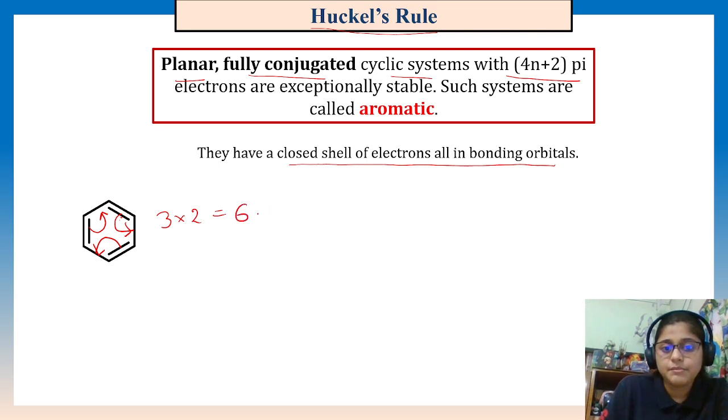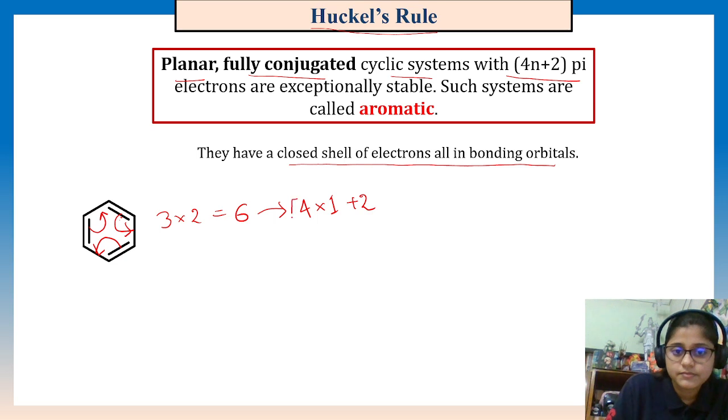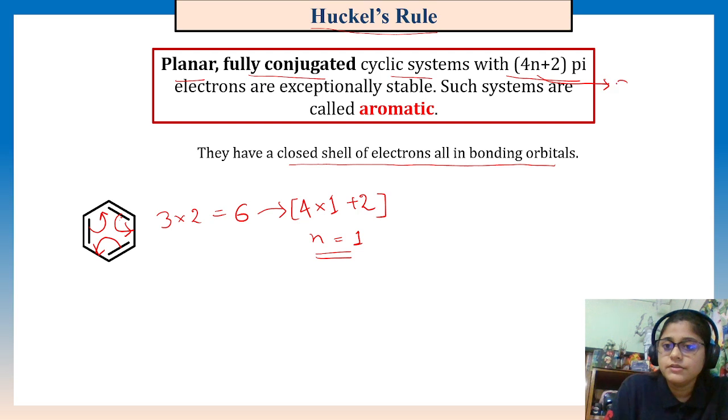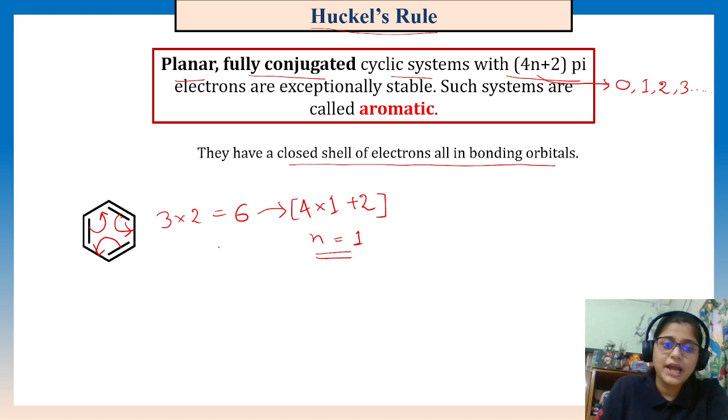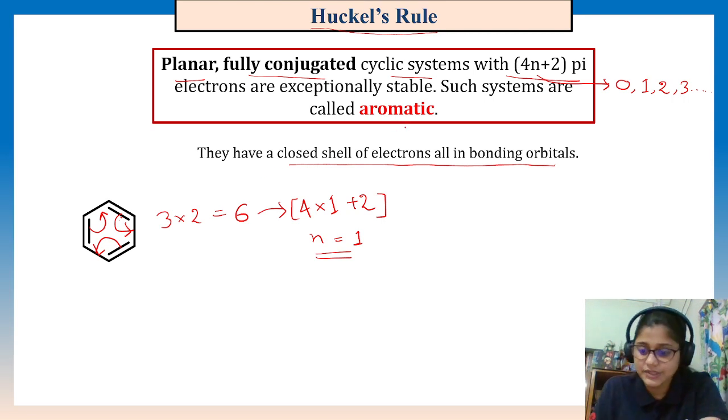So 6 can be written as 4 into 1 plus 2, right? So here n equals 1. n can be 0, 1, 2, 3, 4, 5, 6, etc. So n is 1 here for benzene, and we can prove that benzene is aromatic with this rule.